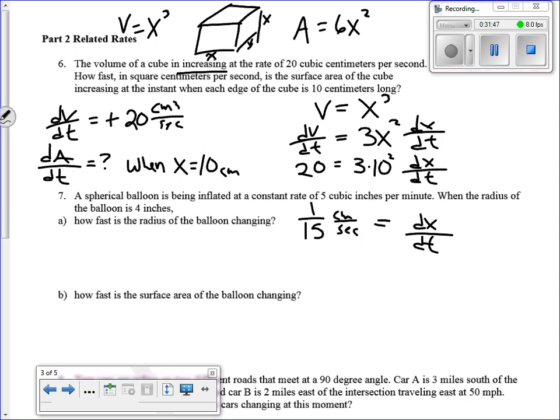But the problem is that's not the one they wanted. I was able to get that one with the volume equation, but now we're going to go ahead and get what they asked for us. They asked us for dA dt. So we're going to write now the equation for the surface area of a cube, which is 6x squared. We'll take the derivative of each side of this.